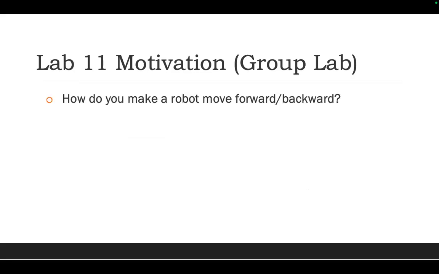Then let's think about how to make a robot move forward and backward. For the robot base, you want to move it, let it turn right, turn left, move forward, and move backward. How?